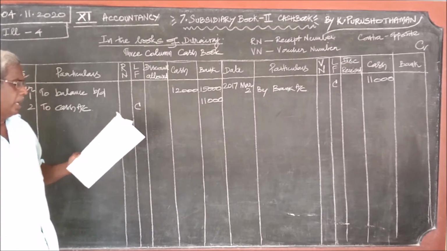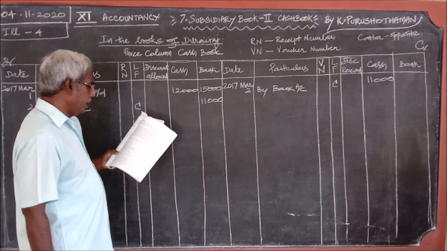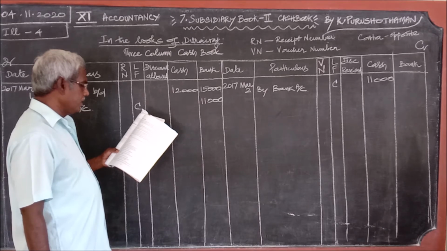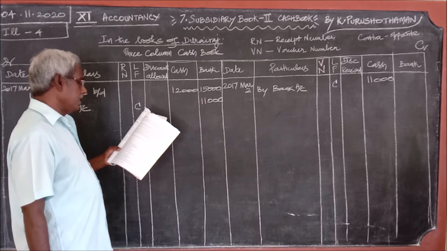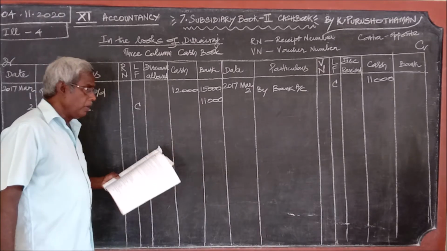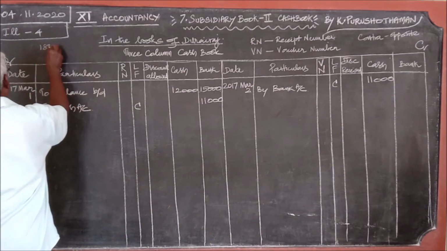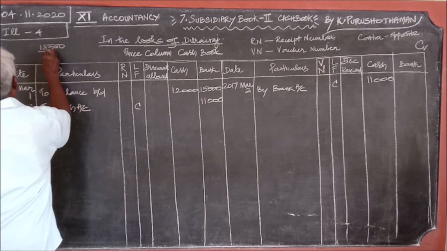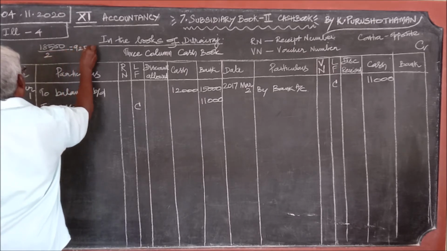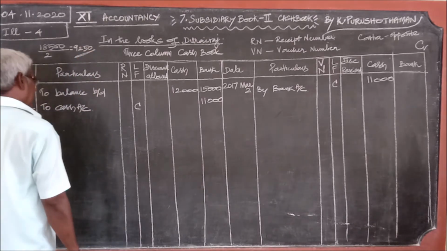Goods sold for 18,500. Half of it is received in cash and half of it is received by check, which is immediately deposited in the bank. Goods sold for 18,500 and half, that is 9,250, is received as cash.